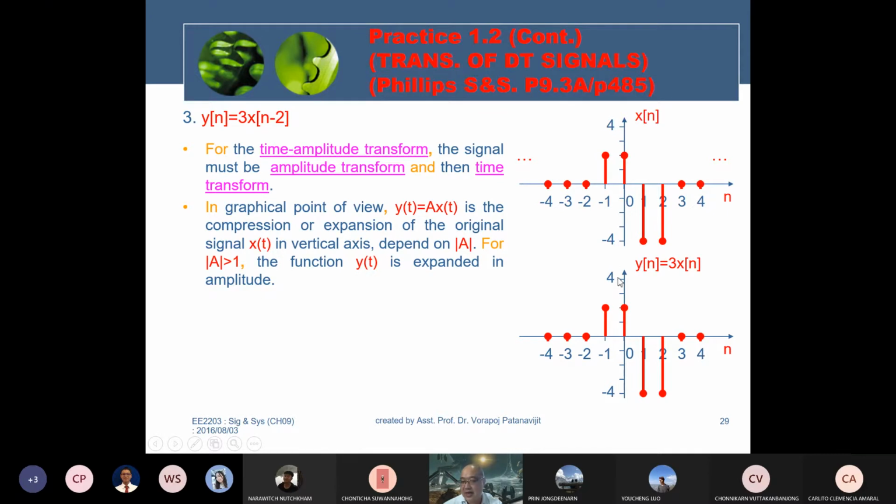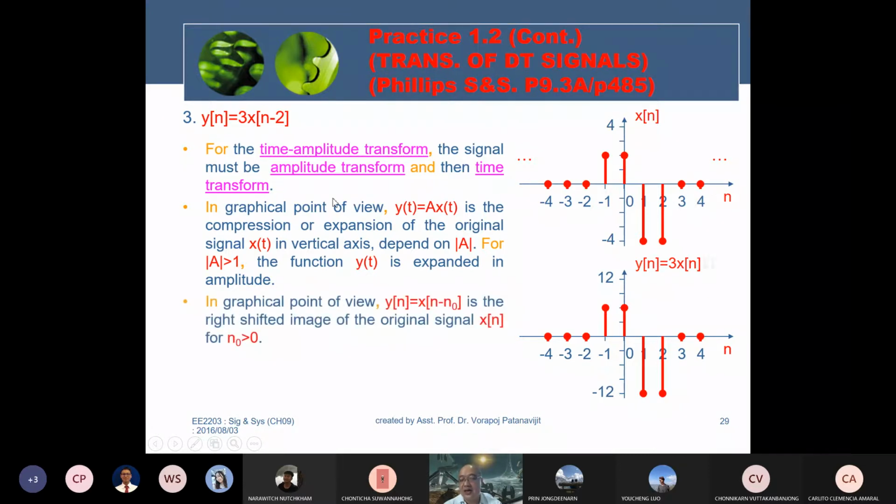Scale by 3. We rescale from 4 to 12, 3 times. Therefore, this point used to be equal to 2, it equals 6 in this case, and 12. Next one, you proceed for the time shifting. In the general form of the time shifting, x[n - n0].